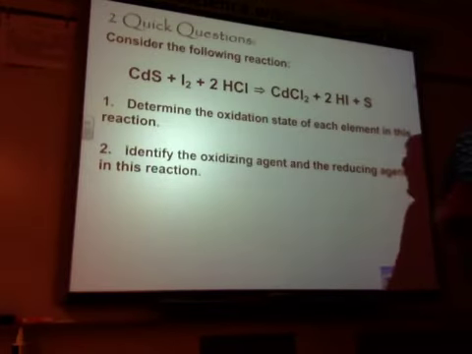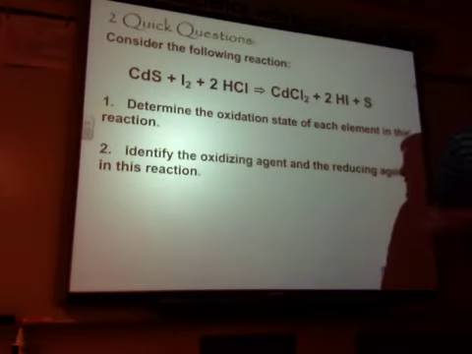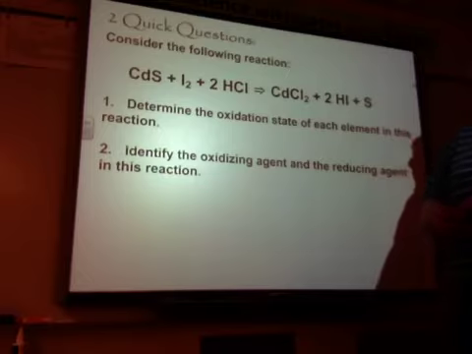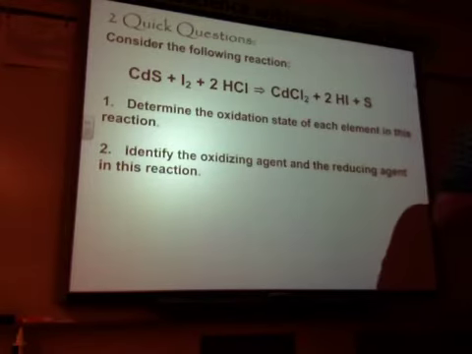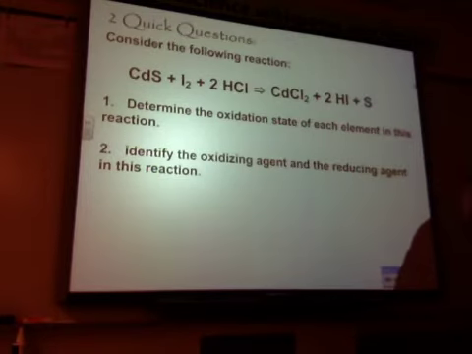Oxygen is -2 in all compounds unless it's peroxide, in which case it's -1. And what about other elements? Fluorine's always -1. Everything else we pretty much have to deduce by doing all the other things first.